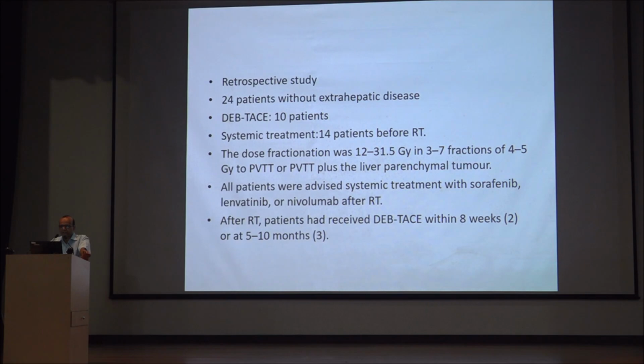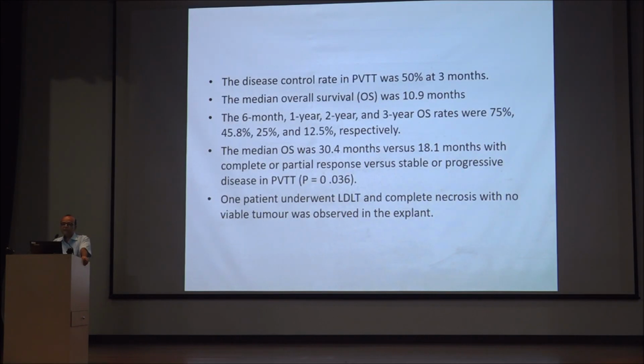The dose was 12 to 31.5 gray, in 3 to 7 fractions of 4 to 5 gray to PVTT or PVTT plus liver parenchymal tumor. All patients were advised to receive systemic treatment with either sorafenib, lenvatinib or nivolumab after RT. After RT, patients had a repeat scan within 8 weeks. The disease control rate in PVTT was 50% at 3 months.